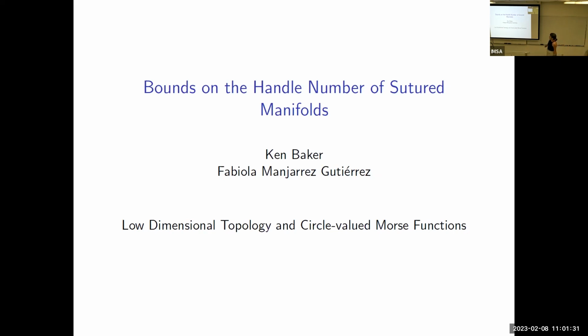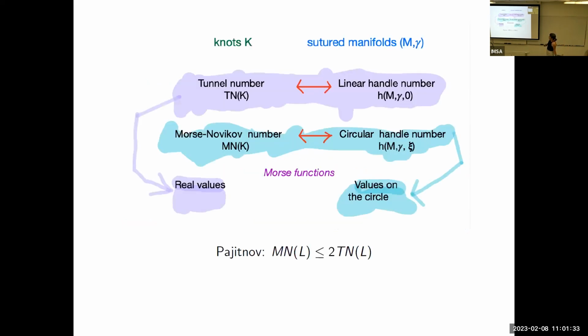And well, let me show you this diagram. This summarizes what we talked about. So for knots, we have this concept of Tonnen number and Morse number.